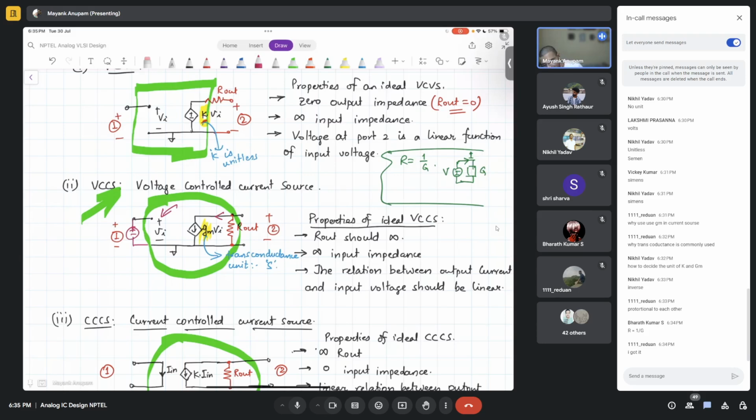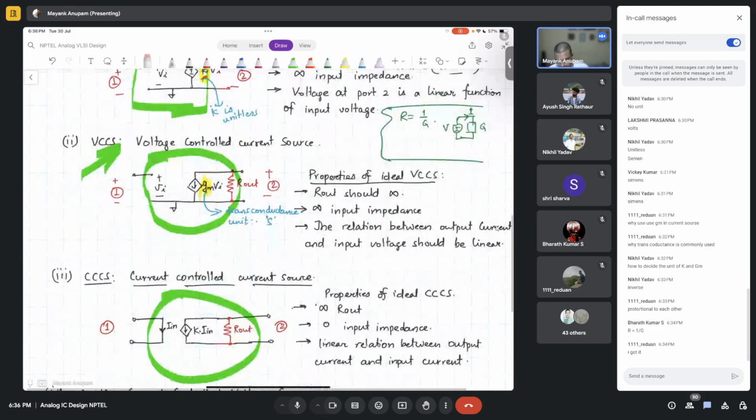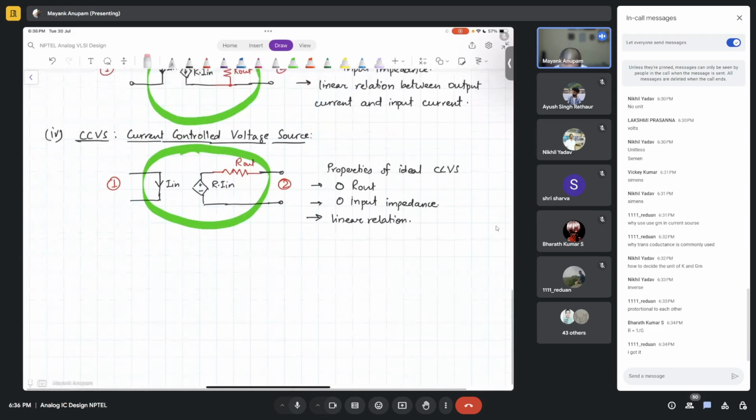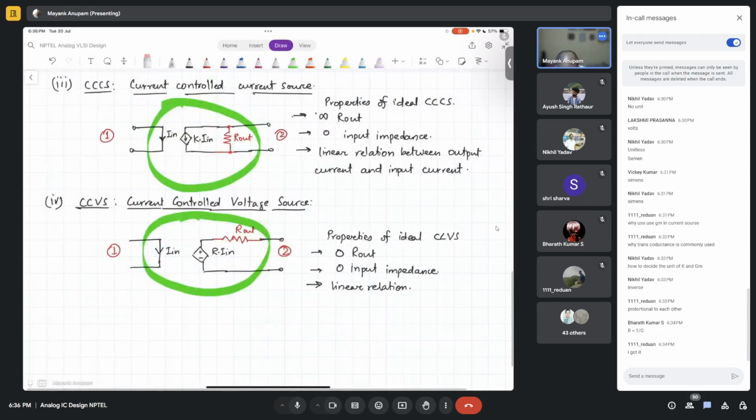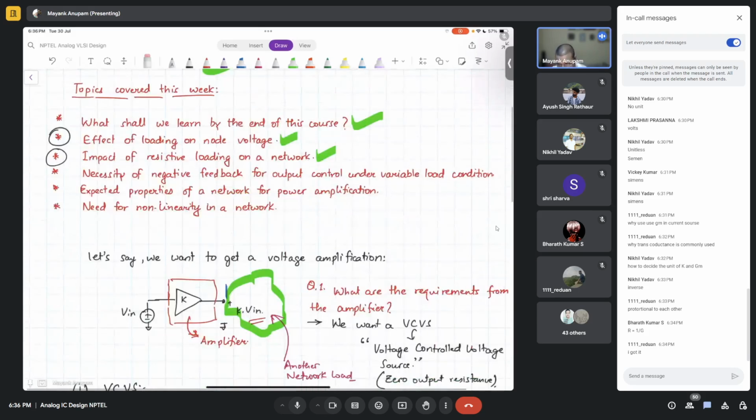So it's a trans, it's a transconductance. It's not a simple conductance. You apply voltage somewhere, but the resultant current, the effect of that voltage, is seen at a different port. So that is why it's transconductance. Good. So that wraps up the discussion on this CCVS, VCCS, and all those things.